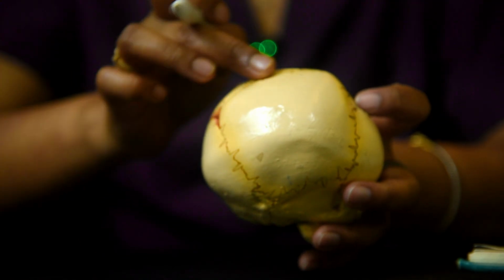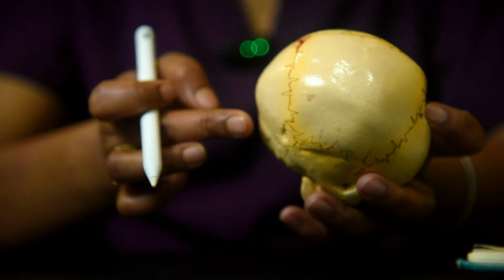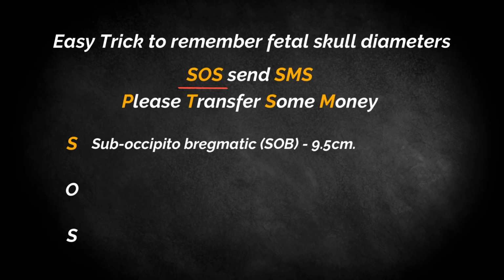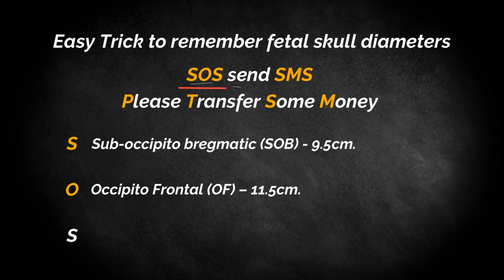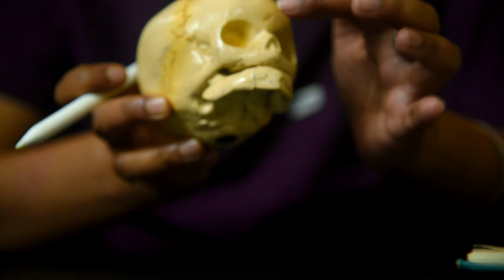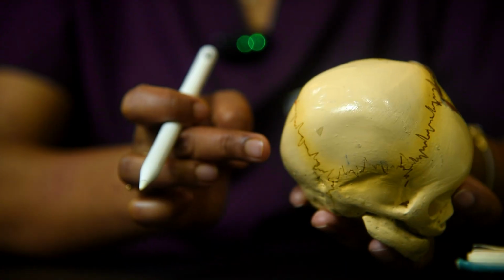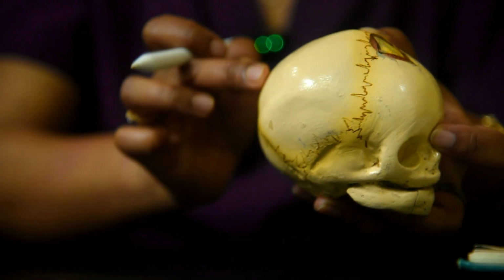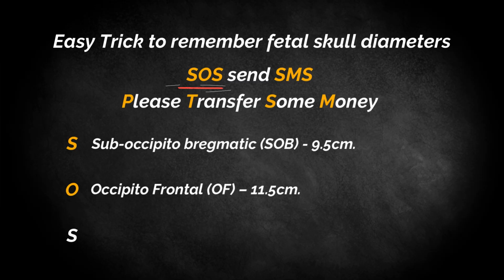So, from here to here, this is known as the suboccipitobregmatic, which is 9.5 centimeter. Second one is occipitofrontal, from the occipital protuberance to the glabella. Here is the glabella. This diameter is known as the occipitofrontal, and this is 11.5 centimeter.